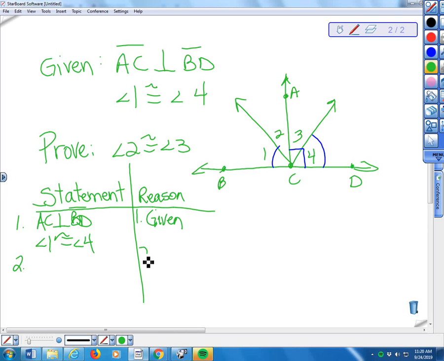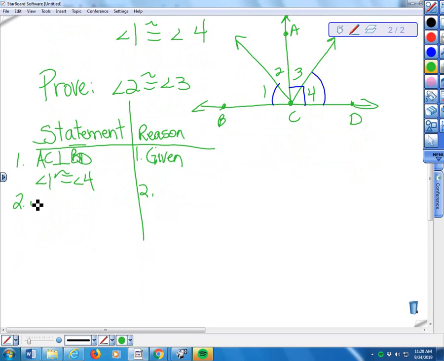The fact that they're perpendicular means that the measure of angle 1 plus the measure of angle 2 is 90, and the measure of angle 3 plus the measure of angle 4 is 90, right?